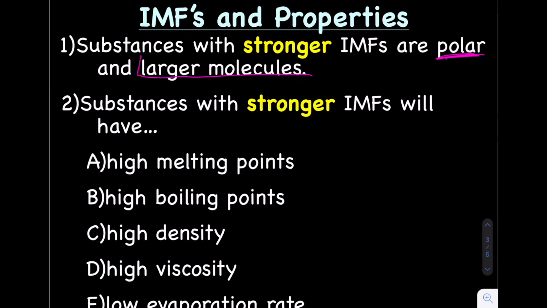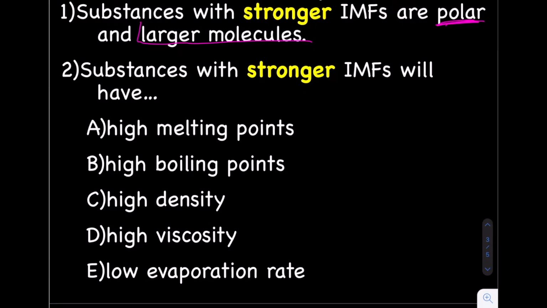Okay, so substances with stronger IMFs will have high melting points. A melting point is the temperature at which a substance will melt, and a high melting point means a high temperature.